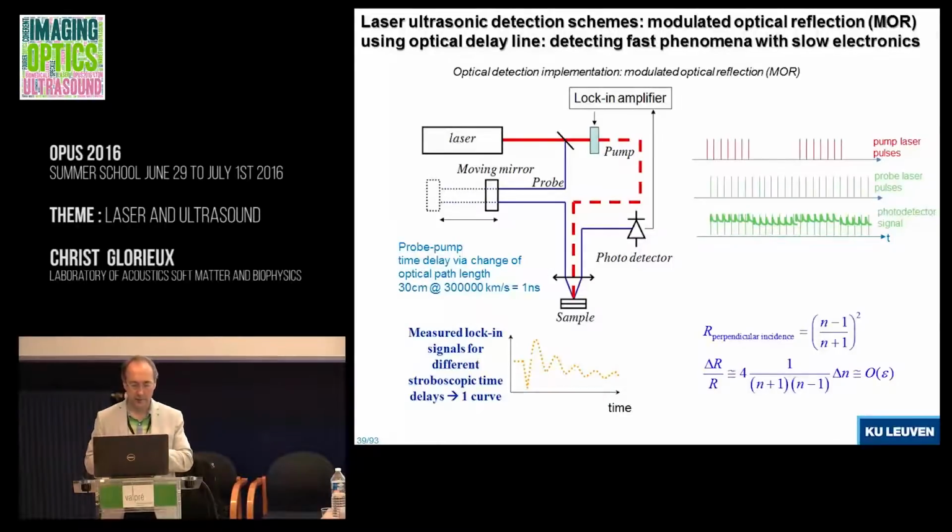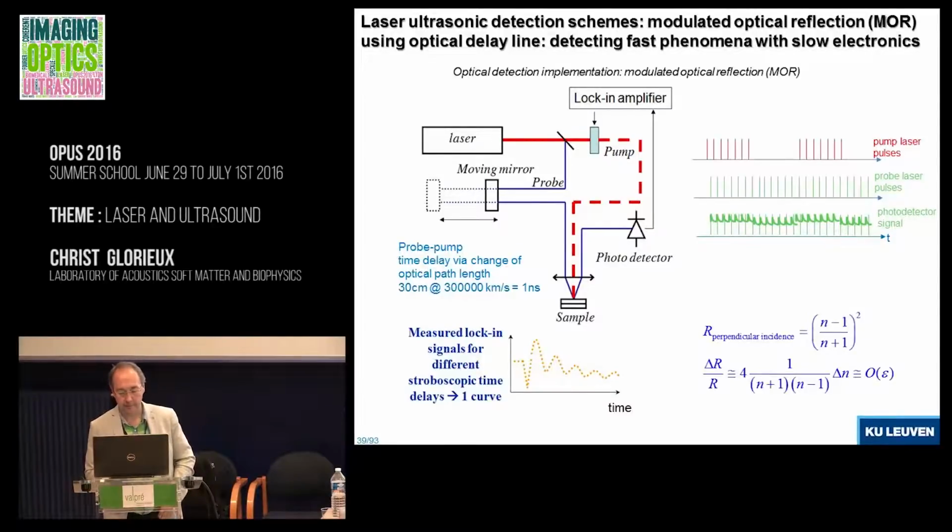You can exploit this because the optical reflection coefficient of a sample is given by this equation, which depends on the refractive index. This is for perpendicular incidence and a sample in vacuum.